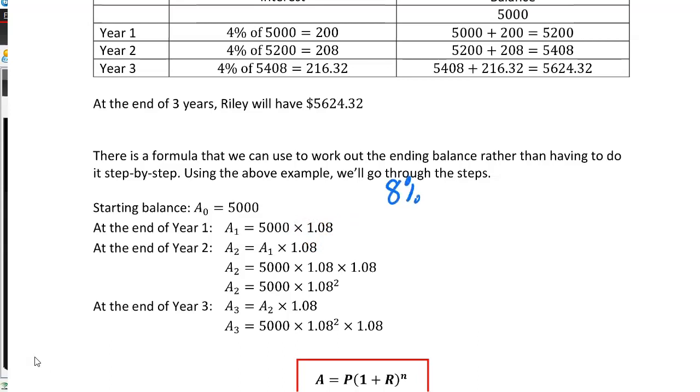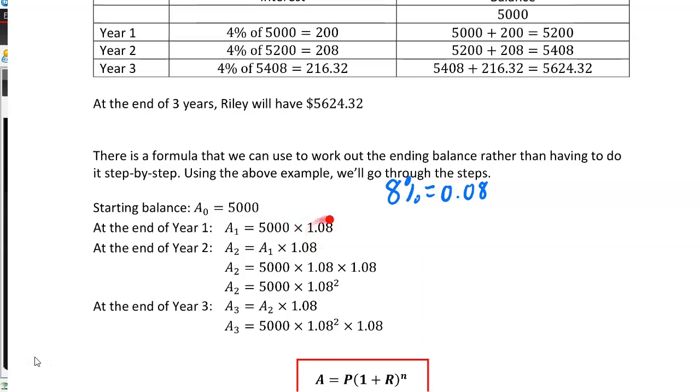Well, 8% written as a decimal is 0.08. Okay, so the 1 is because we want it to grow by 8%. We want it to increase by 8%. So it's almost like that 1 is representing 100% plus 8%, so 108%. So it's 5,000 times by 1 is $5,000 plus the 8%.